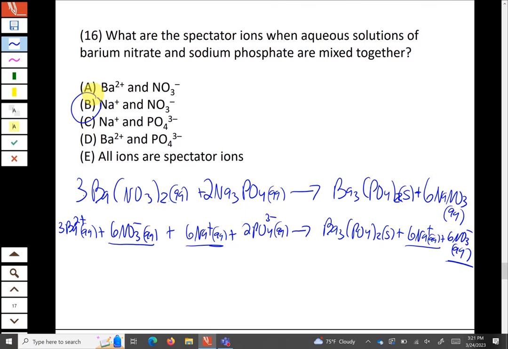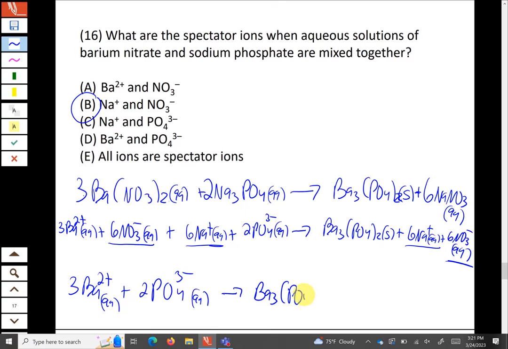And then the net ionic equation would be the one that just removes the spectators. So it would be 3 barium 2 plus and 2 phosphates. So this is our net ionic. We didn't have to do all this for this problem.